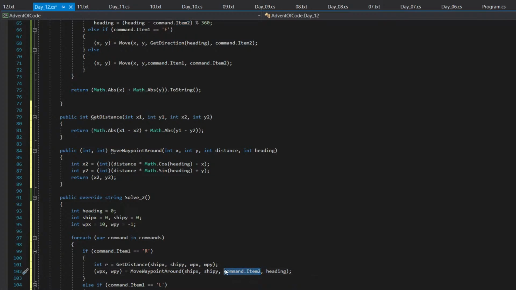This is R. And then the heading is what we get from the command. Okay. And then we're going to do the same thing. Ooh, but we need to go to the left. How do we do that?